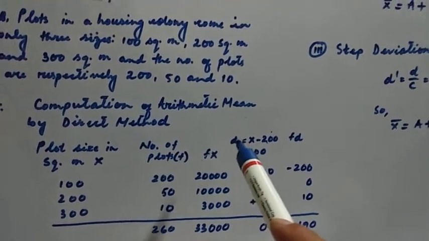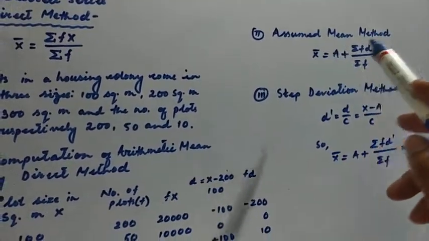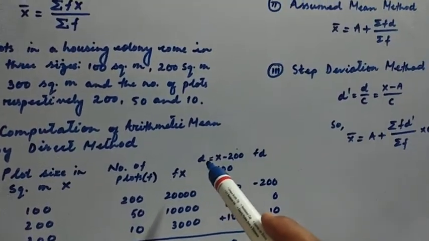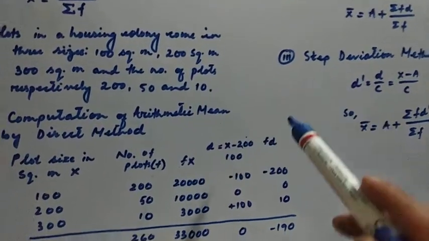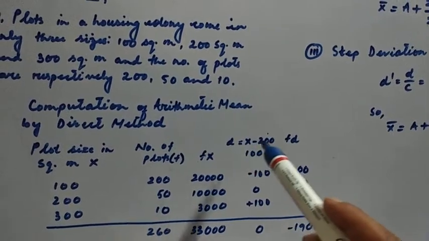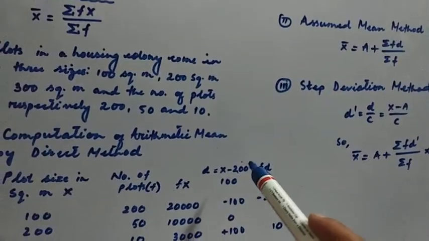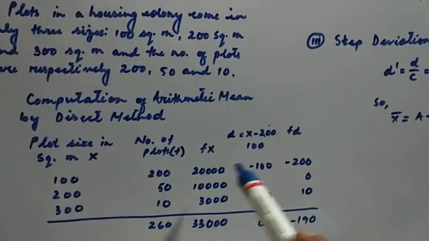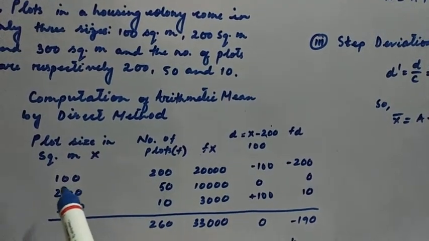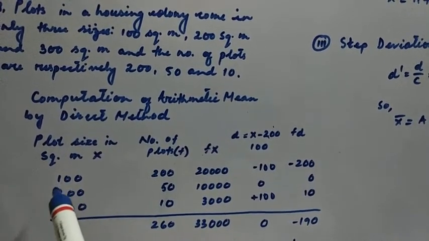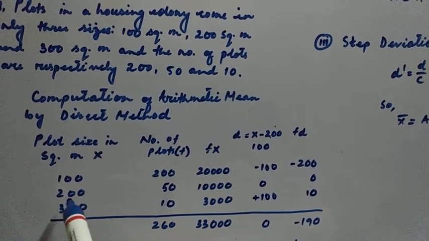Under this assume mean method, we have to find out summation fd and summation f. To find out d, as it is assume mean method, we have to assume a mean, that is 200. In this example, we are assuming that 200 is our assumed mean.